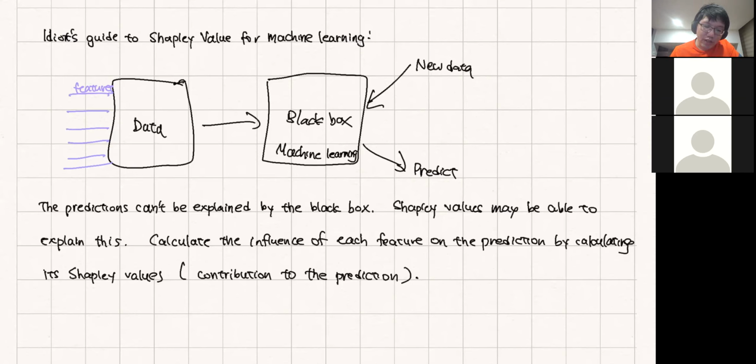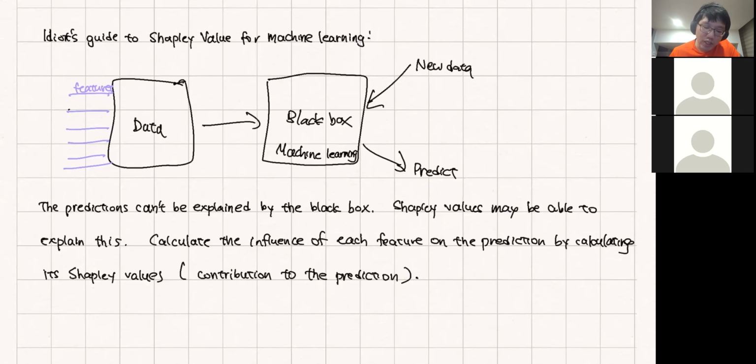For example, for a house, maybe the main factor could be the age of the house. Maybe how much does it influence the prediction of the price for the house? Or if you have, say, the size of the house, that definitely influences the prediction quite a bit.